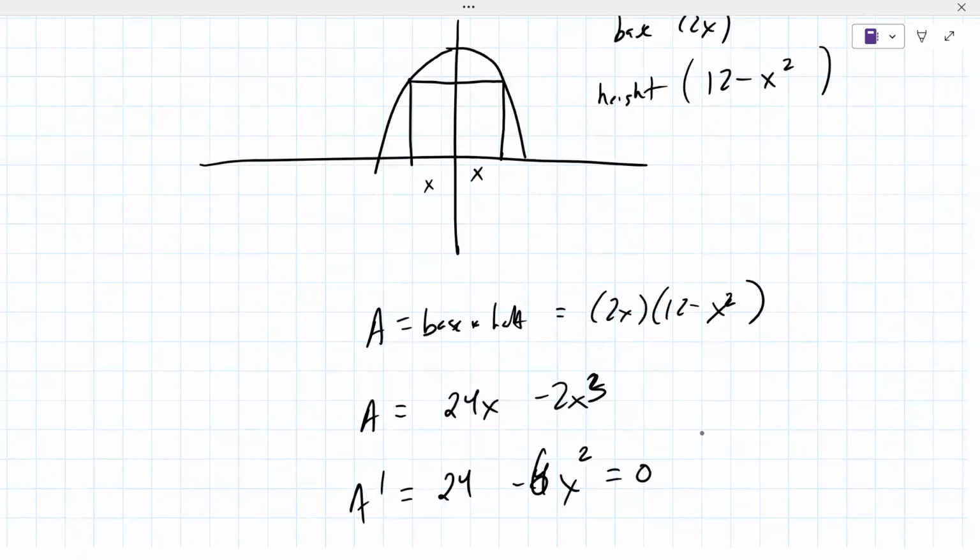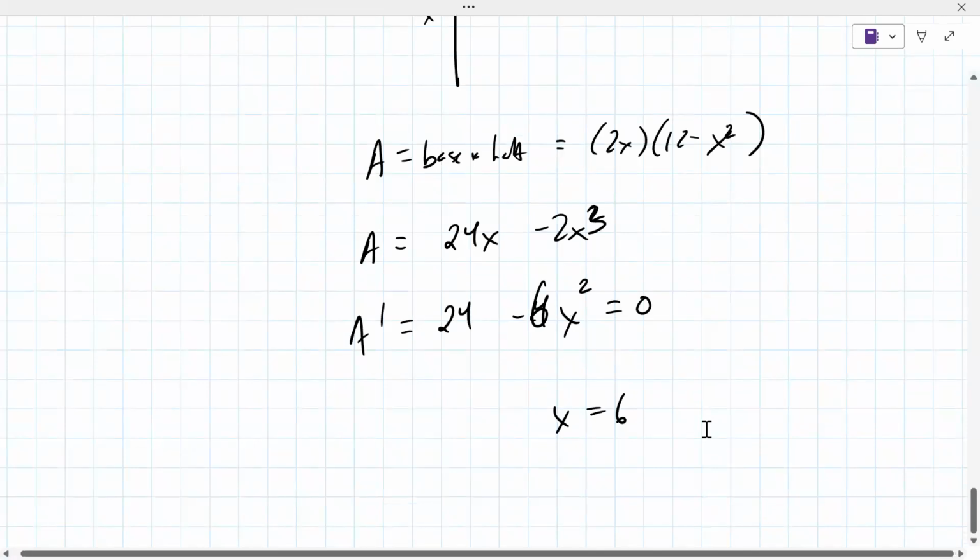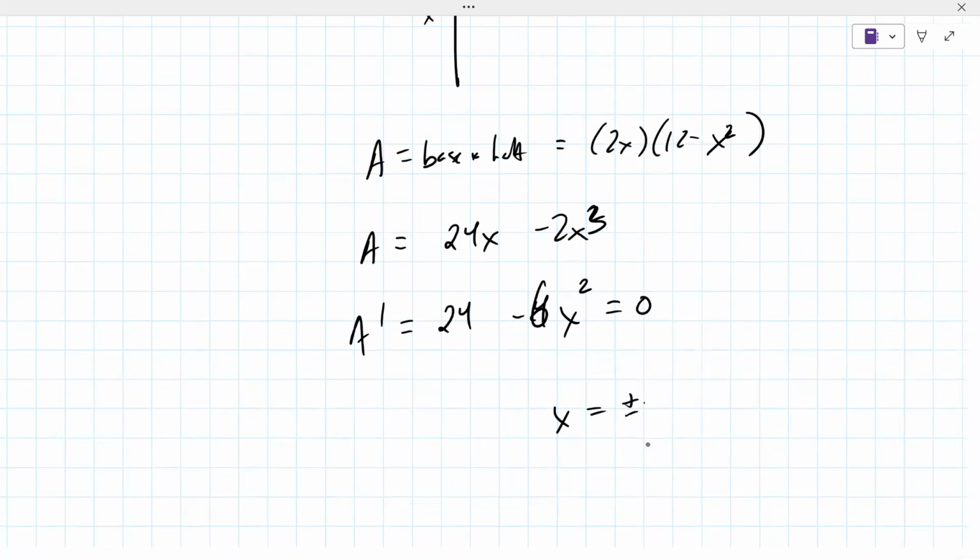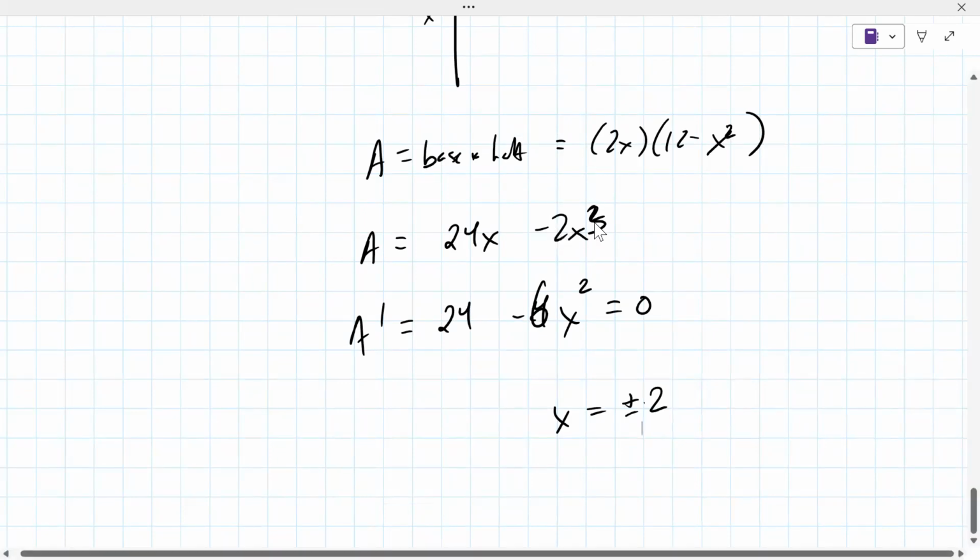So that's 2x cubed, 6x squared. That's why it wasn't right. It ends up being plus or minus 2. All right.